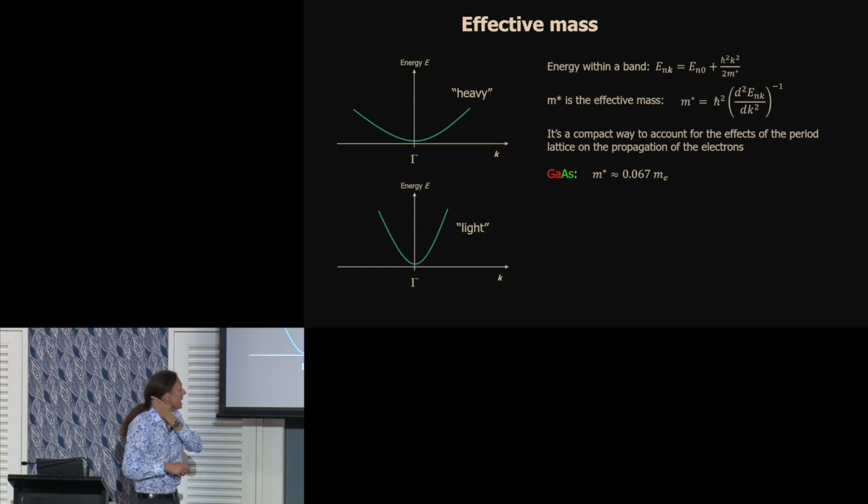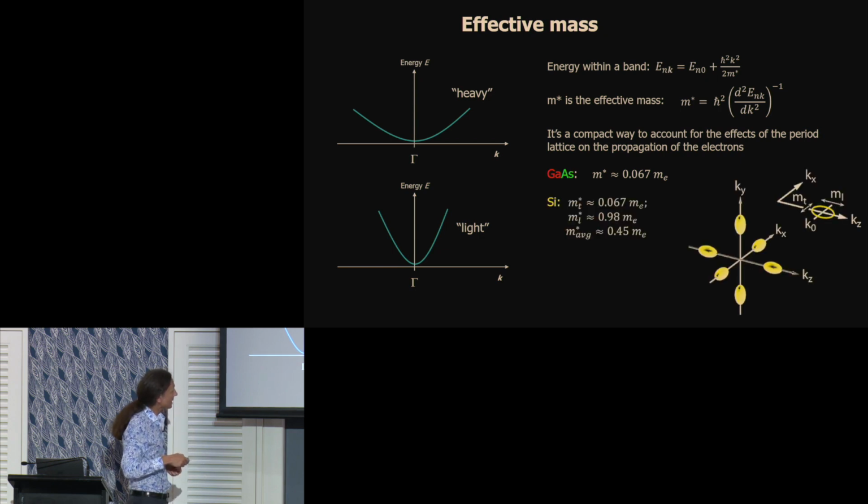That is the thing that becomes smaller and smaller as you go down the periodic table. So gallium arsenide has a very small effective mass. You see, it's just 6.7% of the actual mass of a free electron. In silicon, it's more complicated because you have this valley, so the effective mass is anisotropic depending on how you move with respect to this valley minima, but the average effective mass is about half the electron mass.